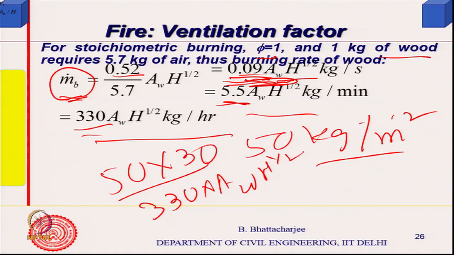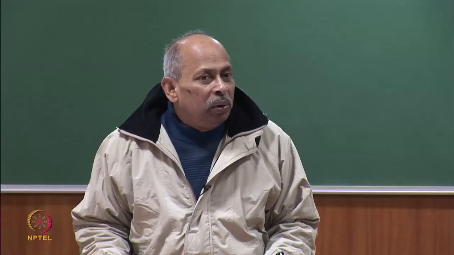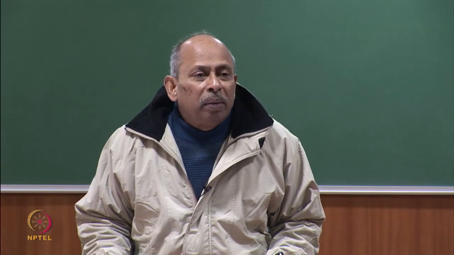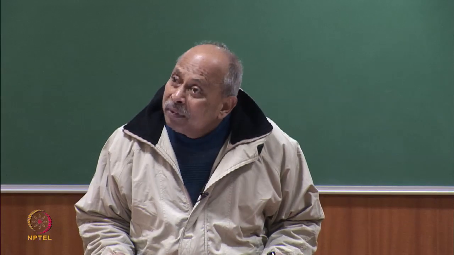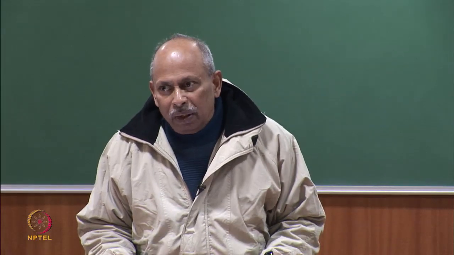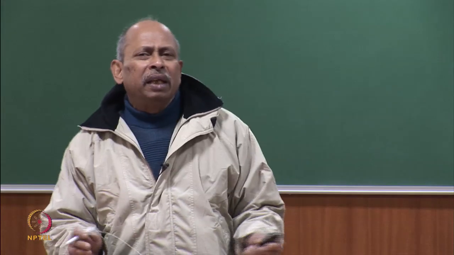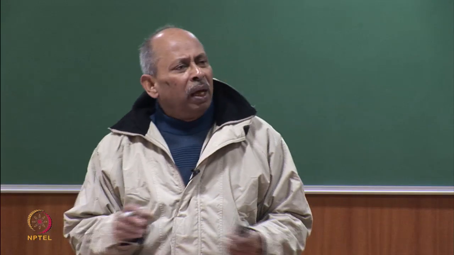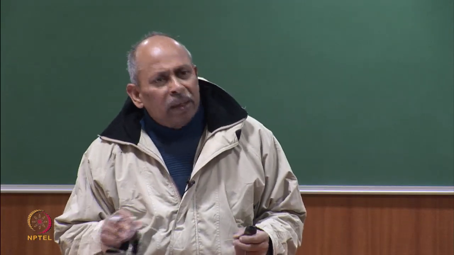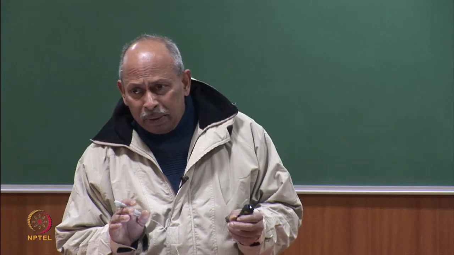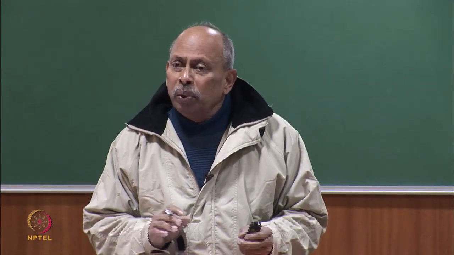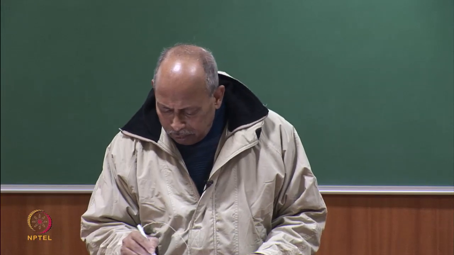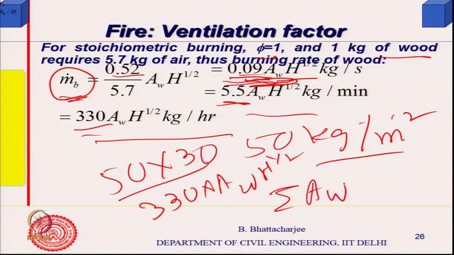Okay. So, what you do when you have a number of windows, you will not have single windows. In fact, in case of fire, glass breaks down. Hot gases, even if it is closed, will break it. Unless it is toughened glass, which takes longer, many glasses would actually break easily, unless it's double glazed, and a lot of other things can be there. So, you will sum up AW.